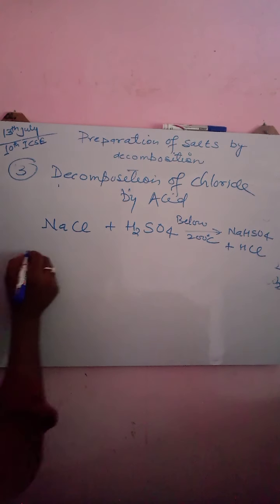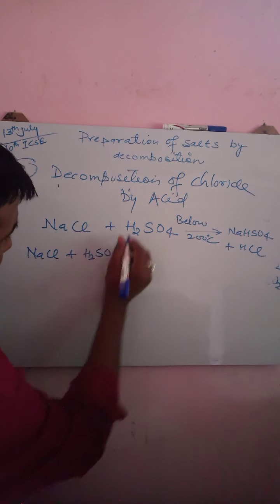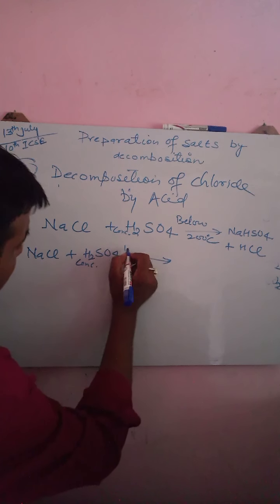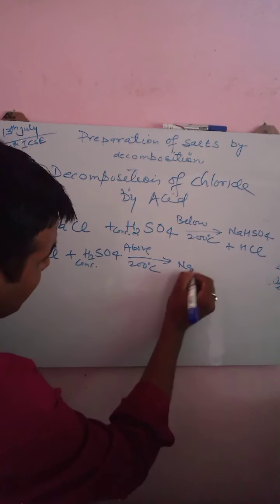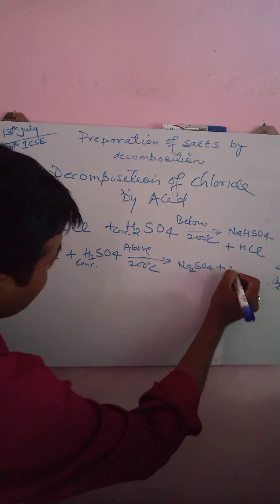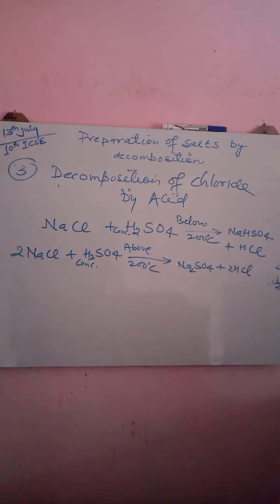But when temperature goes above 200 degrees Celsius, with H2SO4 always concentrated, it produces Na2SO4, the normal salt, plus 2HCl. This reaction is temperature dependent. More often it is asked in examinations. Important chemical reaction.